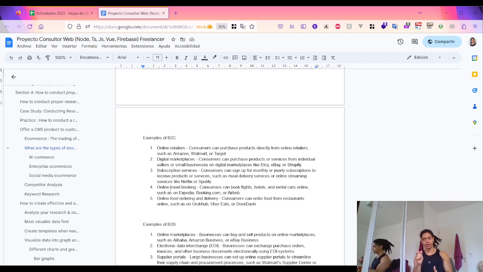Now it is done electronically through EDI systems, such as those IBM provides. Then supplier portals, where very large business organizations set up online supply portals to streamline their supply chains or procurement process, which involves the purchase or sale of goods and services, usually to get a good bid or to apply for government contracts. Okay, this is the procurement process.